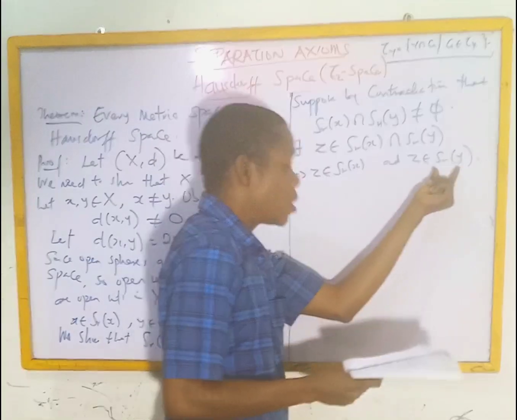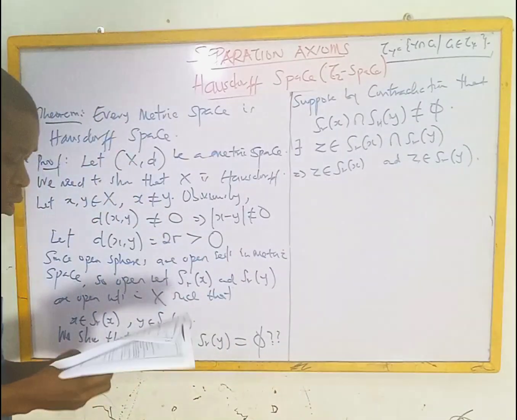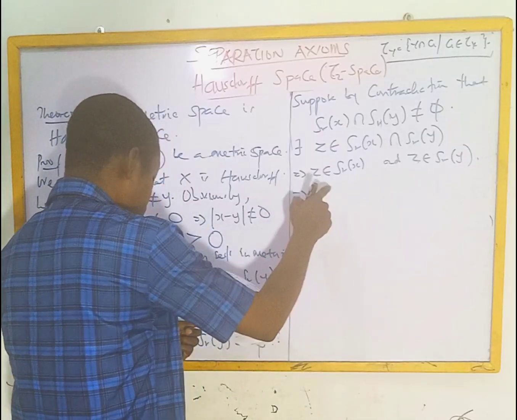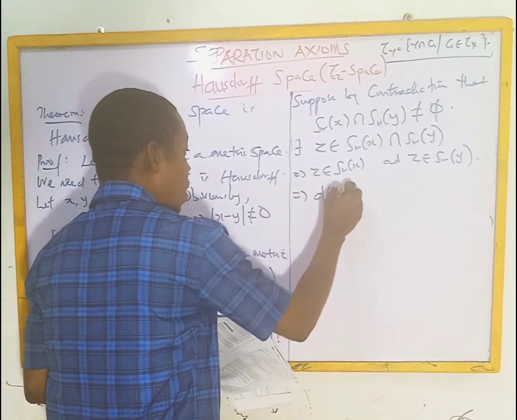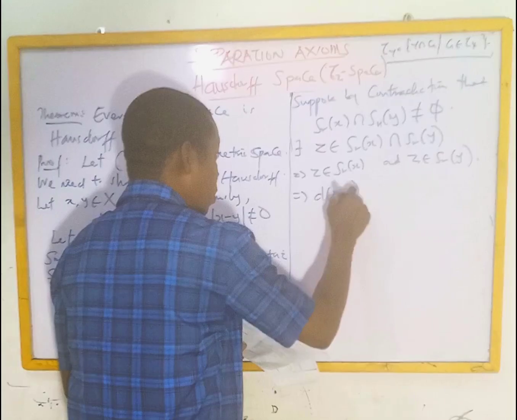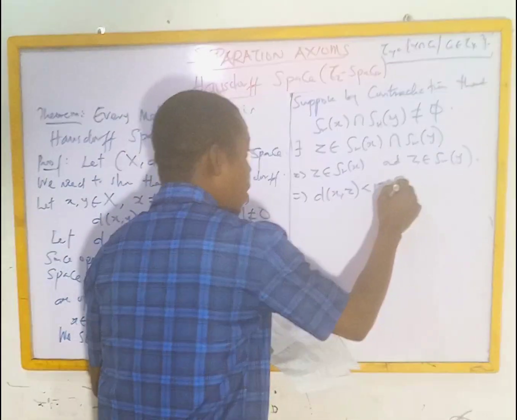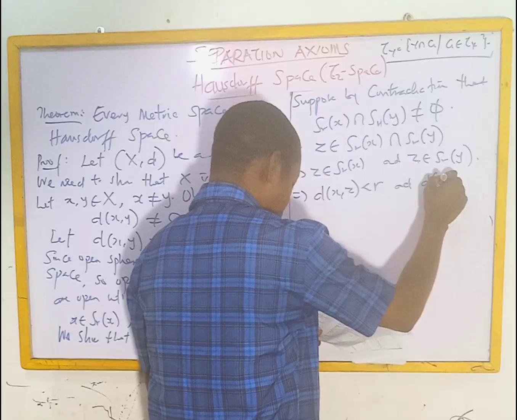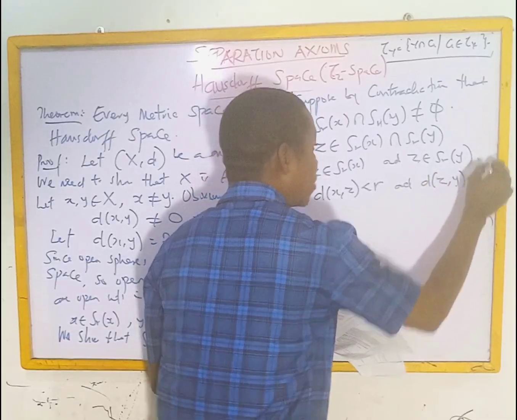By the definition of metric, d(x, z) is less than r, and d(z, y) is also less than r.